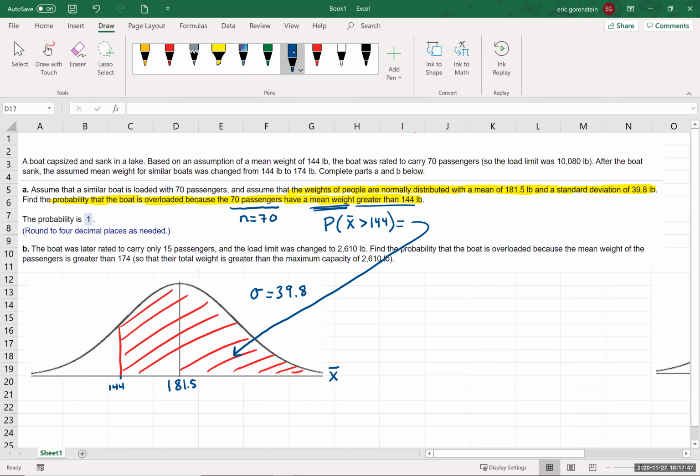You can't use x values because you're not given a specific x value in the problem. You're given this sample mean. So this 181.5 is your population mean. This 144, that's your sample mean. Okay, so there's no other method. You have to use a z-score.